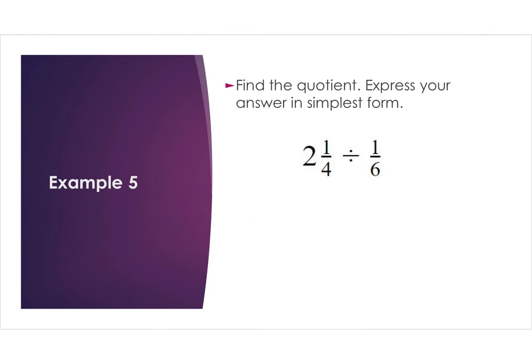We have a mixed number, so we're going to take 2 and 1/4 and divide it by 1/6. I do 2 times 4, which is 8. I add 1, which is 9. Put it all back over 4. Change my sign and flip my 1/6 to 6/1.